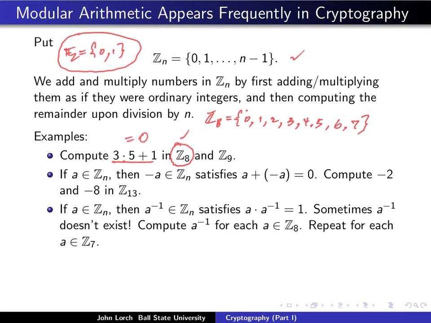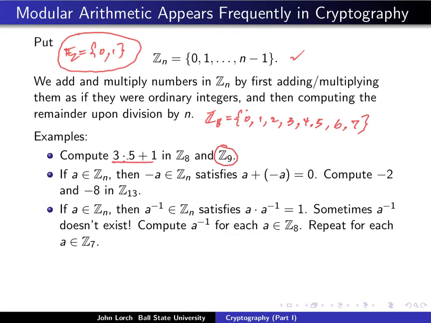Okay, now let's consider this same computation, but instead of working in Z8, let's now suppose we're working in Z9. So now we're going to consider Z9. Z9 consists of the symbols 0, 1, 2, up through 8.